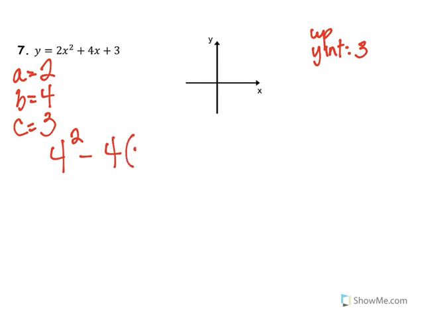B squared minus 4AC. What's 4 times 2 times 3? -24.